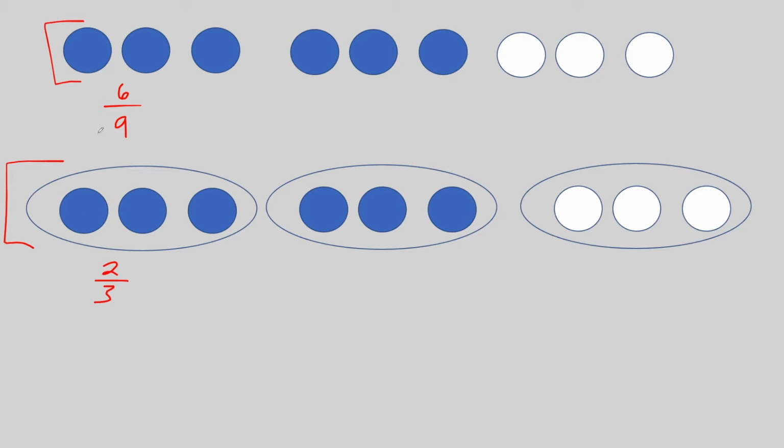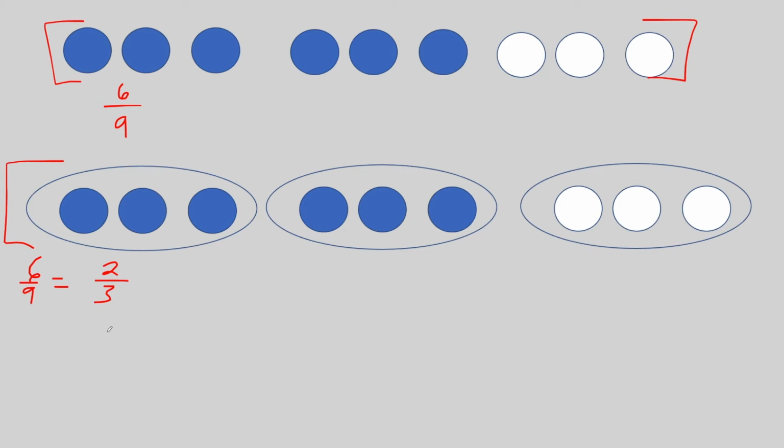So I also know, if I look at this, 6/9 and 2/3 are equivalent because I've basically just divided by 3. Okay, so if I was going to write this in 2 different ways, I could write this same thing as 6/9 or 2/3.